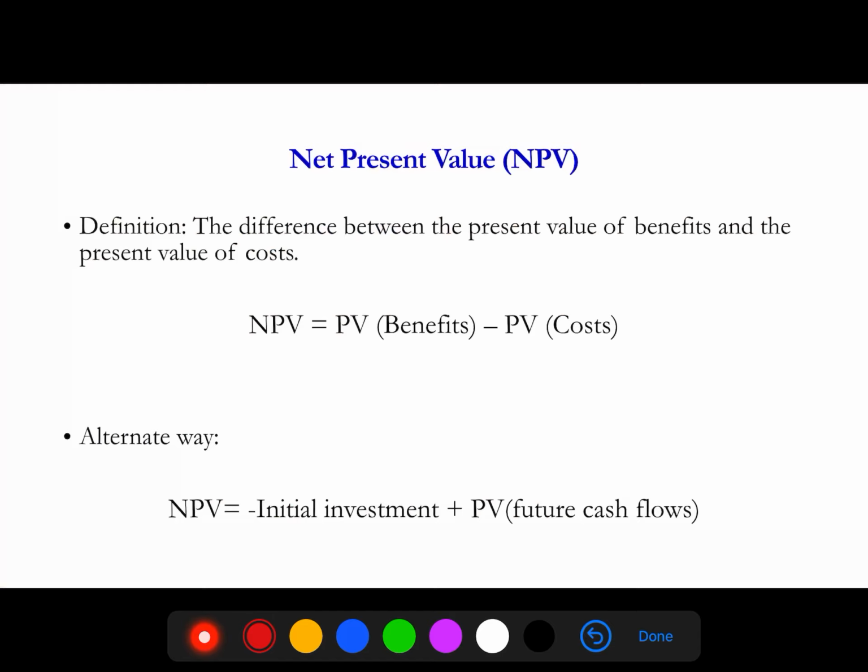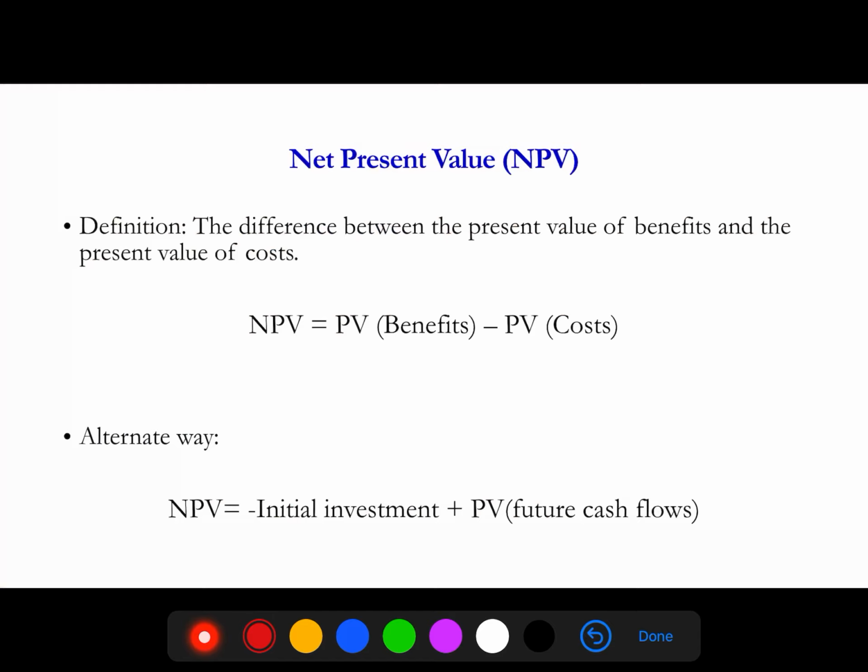In this slide, I'm going to talk about the net present value. Net present value is simply the difference between the present value of benefits of doing a project and the present value of the cost of doing a project. By doing a project, we are going to receive some profits, but we may need to also invest some amount of money upfront, and it will have some expenses and costs for us.